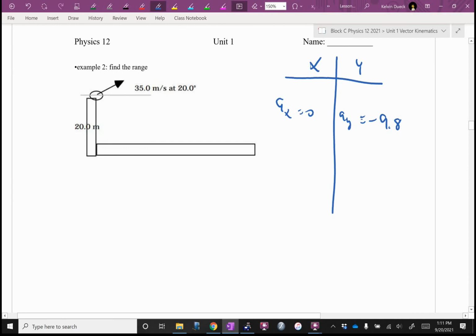How can I calculate Vy? More specific. Vy initial equals, what would I crunch? Anyone?